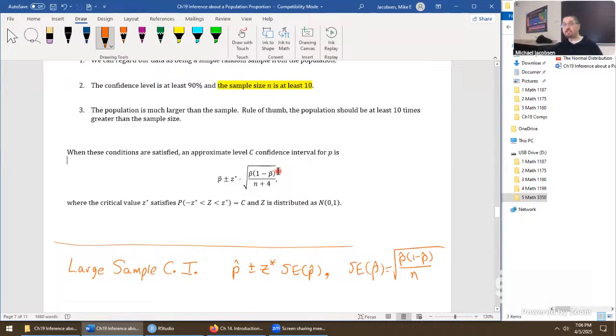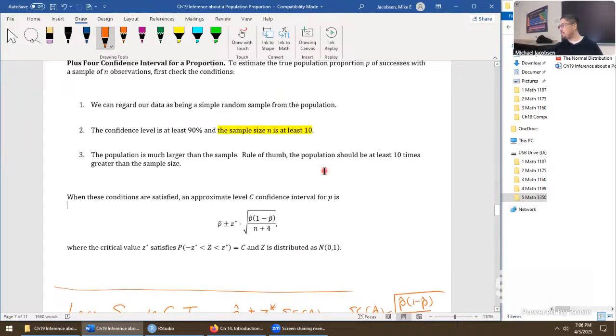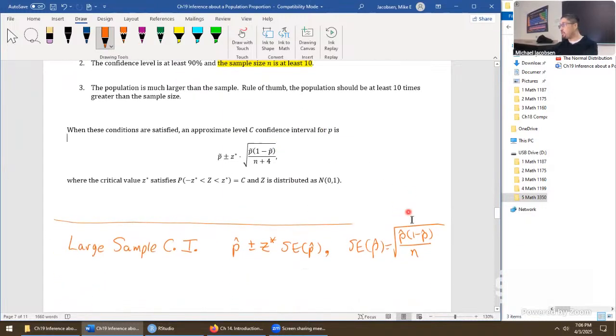But we made a pretty big change when we went to p tilde. So let's see what's really going on here. What's essentially happening is all about the numerator, p hat times 1 minus p hat.